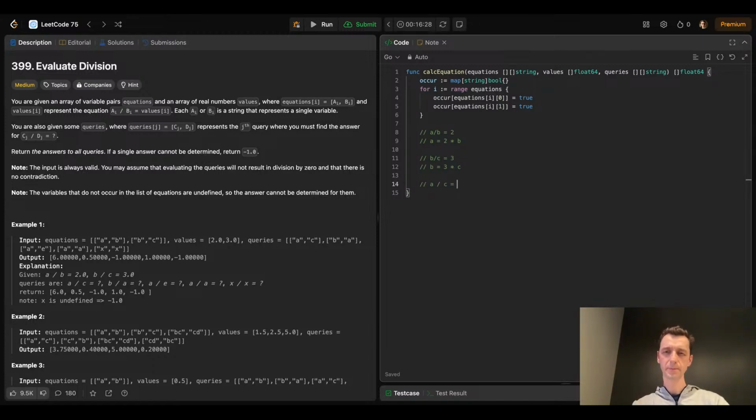That is, I think we need to express A and C. As we know, A is 2 B's, and we know that B is 3 C's.